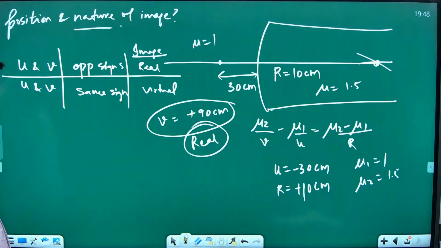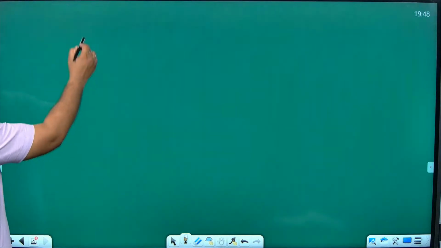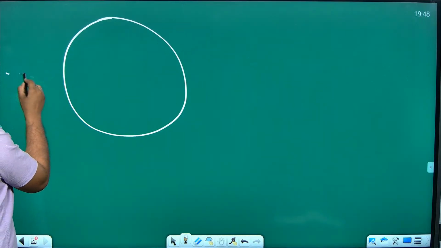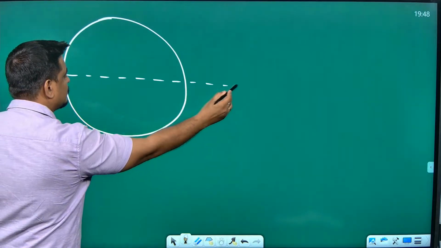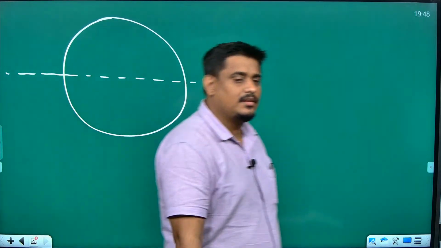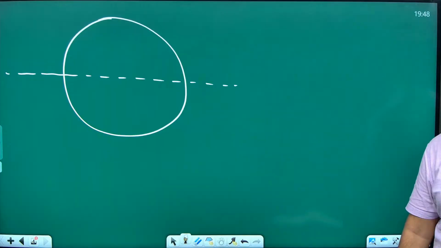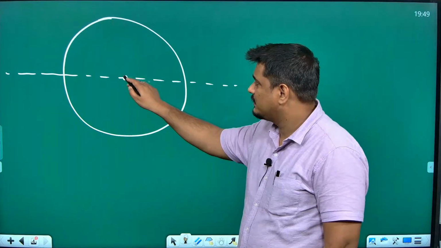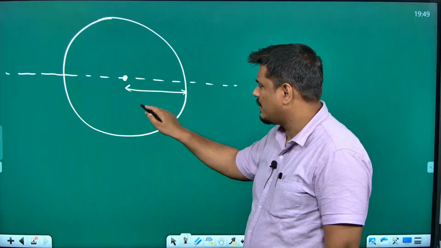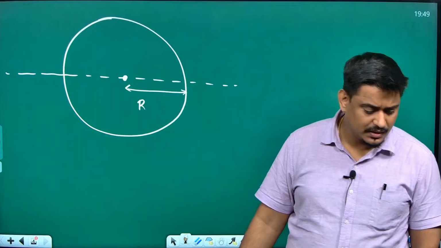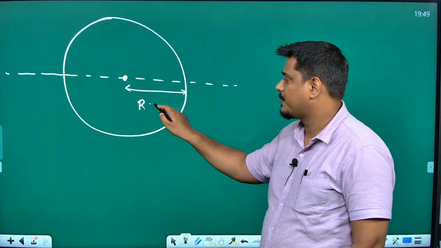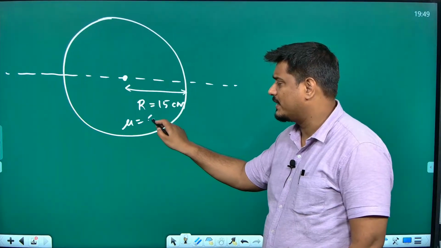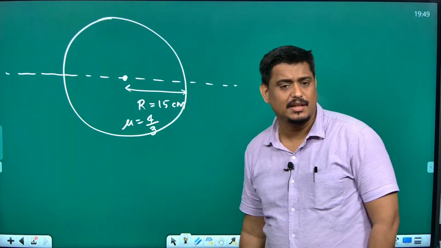Okay, so how they have given? Leave it, they have given it like this: a circle. Its radius is given as 15 centimeter, and refractive index is 4/3. 4/3 means it is water, so it is a water bubble.